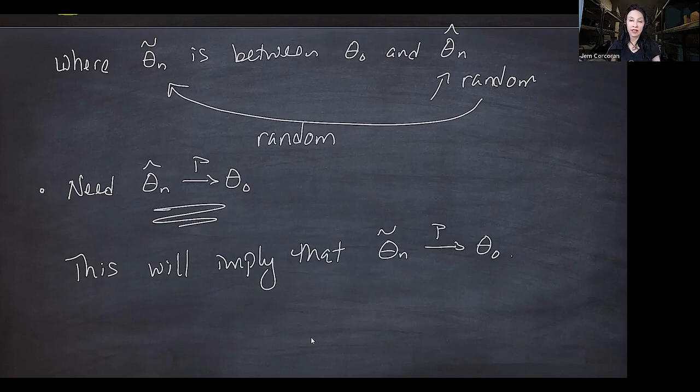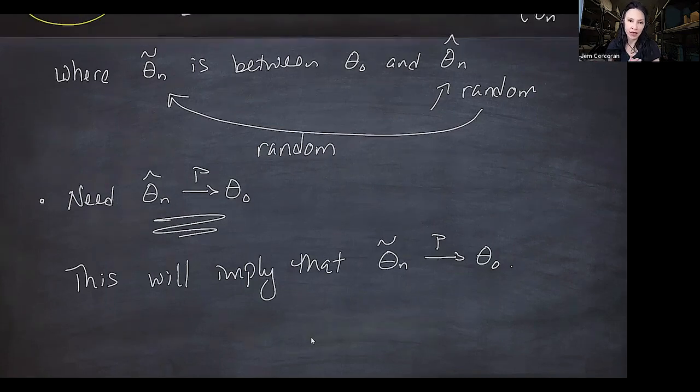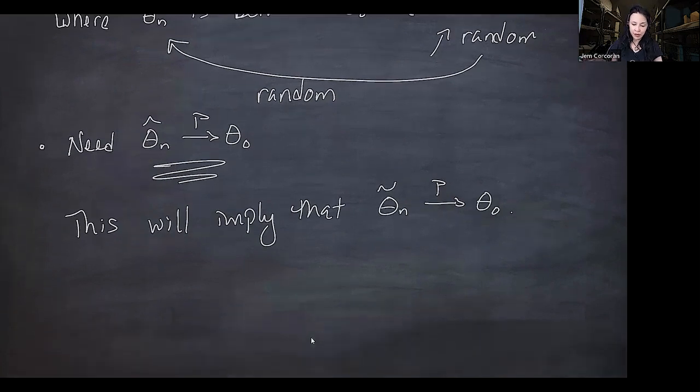This is super easy to show, and the reason is because theta n tilde is in between theta naught and theta n hat. So theta n hat converging in probability to theta naught means they're getting close, and this one is squished in between. And if you want to be formal about this, you could say the probability that the absolute value of theta n tilde minus theta naught is greater than epsilon.